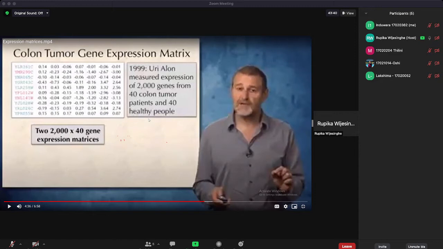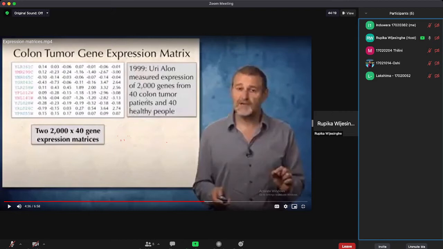If you remember in our earlier yeast example, 7 conditions were there, in the sense that they measured the expression at 7 different time points. So at each time point, the conditions change. Here, the 2 conditions are patients and healthy people.